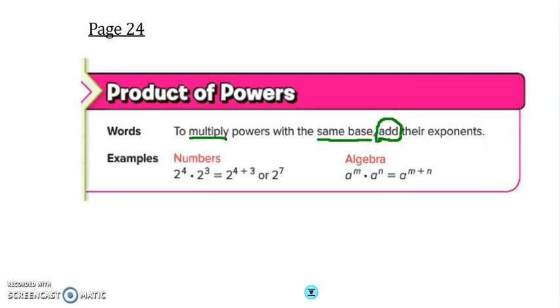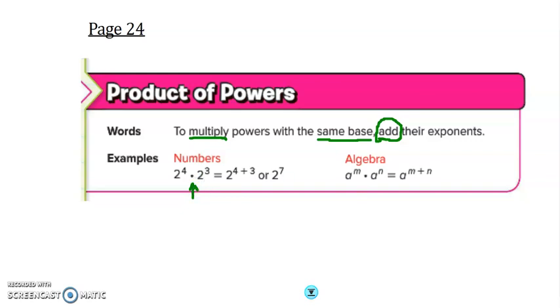Those are the key words in that definition. They give you some examples there with numbers. You have the common base of 2, and you are adding those exponents, 4 plus 3, which becomes 2 to the 7th. Again, notice that in the original problem, they are multiplying those like bases. So that is key there.